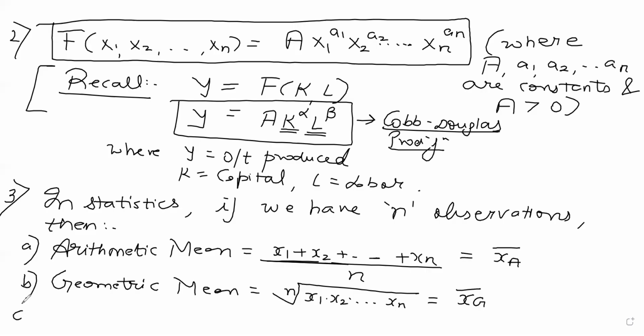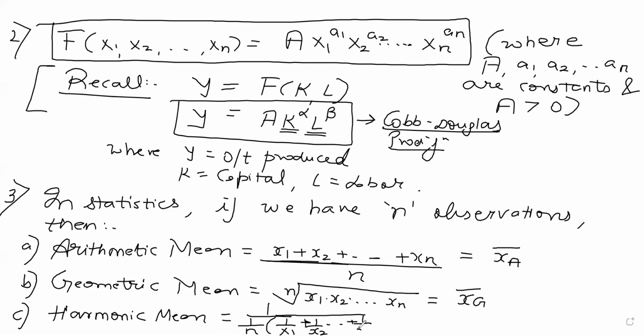And in statistics, there is also something called the harmonic mean. Harmonic mean is defined as 1 upon n times 1 upon x1 plus 1 upon x2 plus dot dot dot 1 upon xn. This we denote as the harmonic mean.